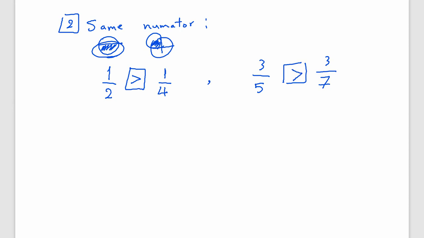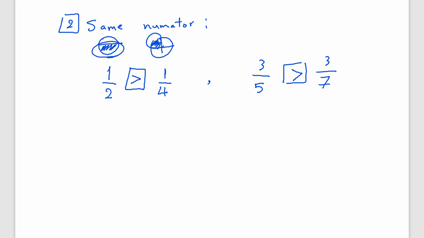Excellent. So we have 5ths and 7ths, and in the 5ths, the size of each part is more than the size of each part in the 7ths. Thank you, Laith. Great work.